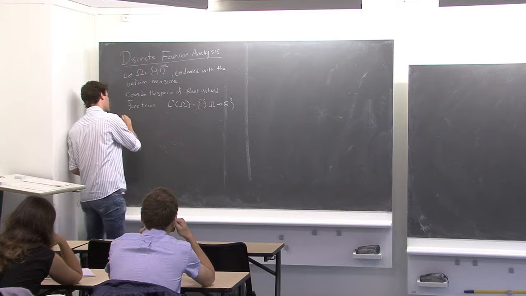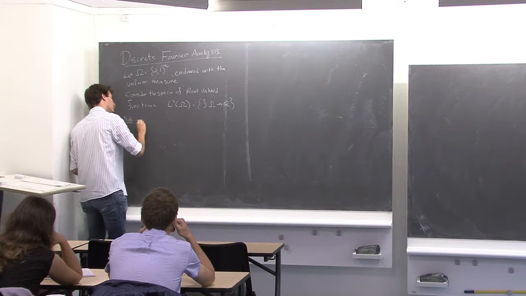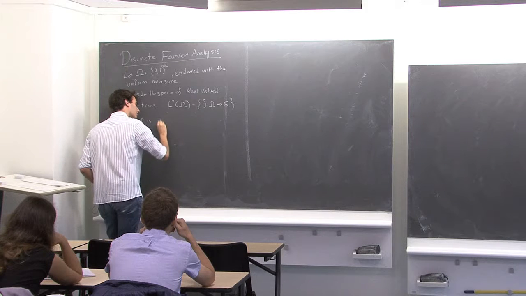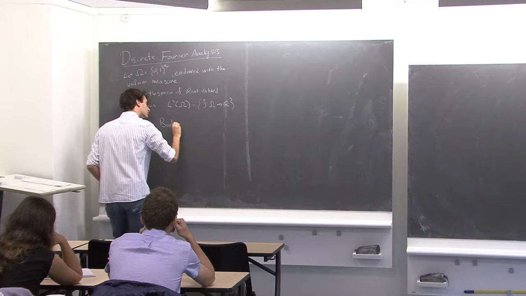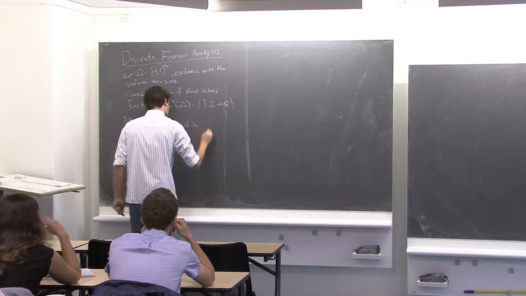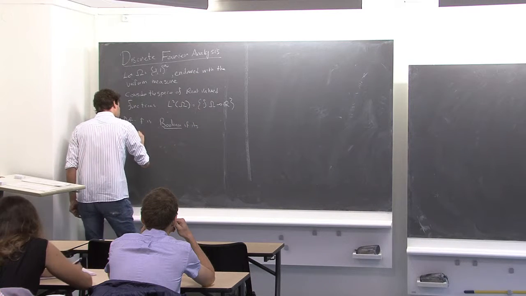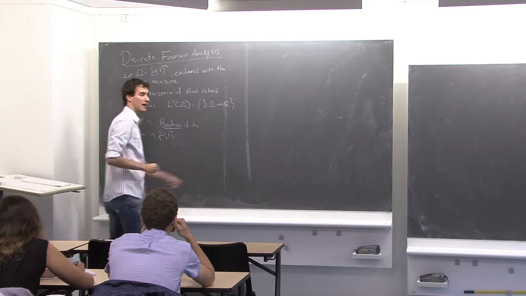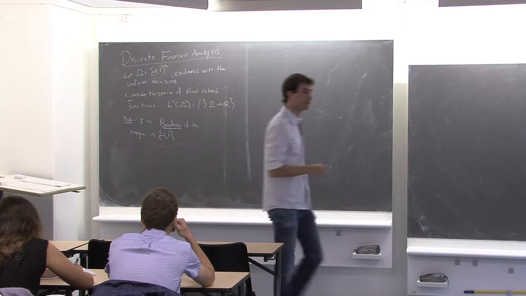Now the important definition here is that f is called Boolean if its range is exactly the two values -1 or 1.